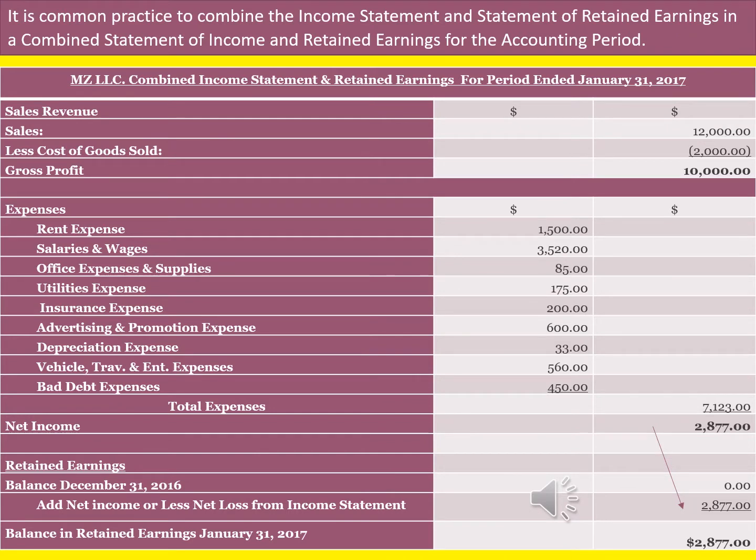Sometimes the statement of retained earnings is shown directly below the net income amount in the income statement, showing the flow of the net income or net loss to the retained earnings statement. The income statement shows the revenues and expenses of a firm for the accounting period and reports the net income or loss, which is transferred by the periodic closing journal to the retained earnings general ledger account.